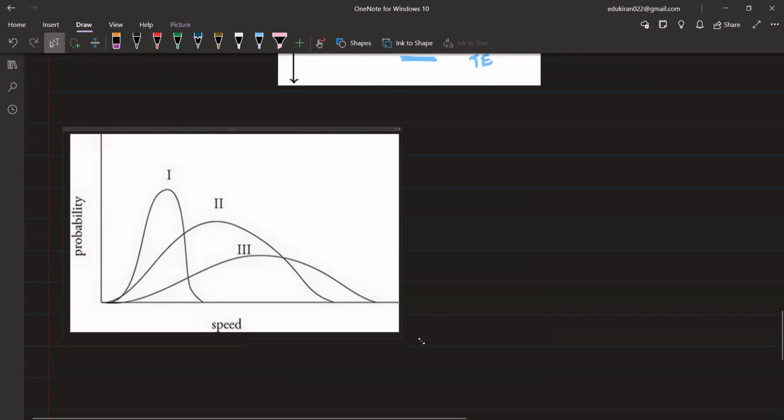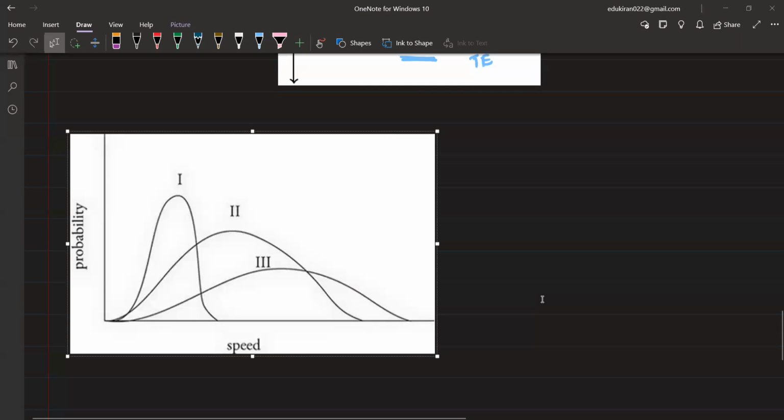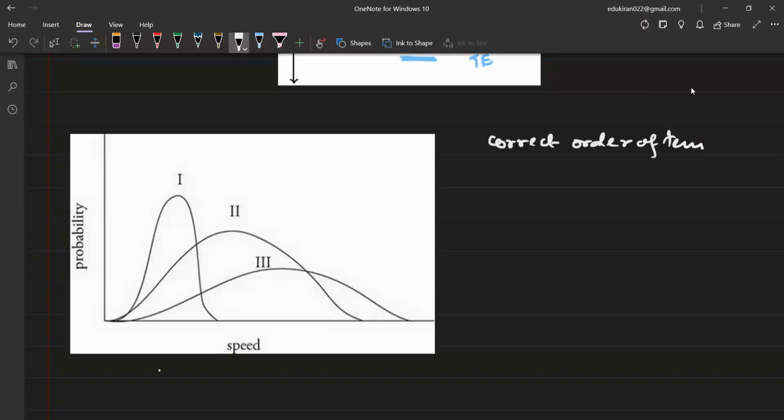Okay. So you have to choose the correct option. The correct order of temperature will be. What do you think? The first is having the highest temperature, then the second, and then the third.